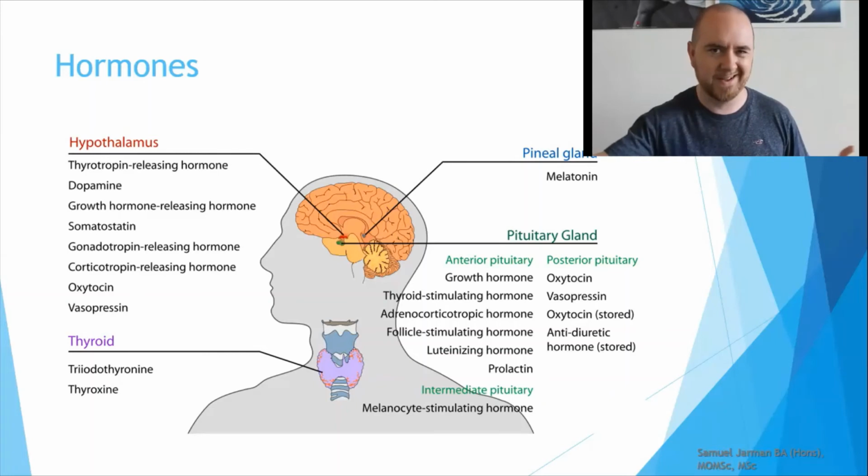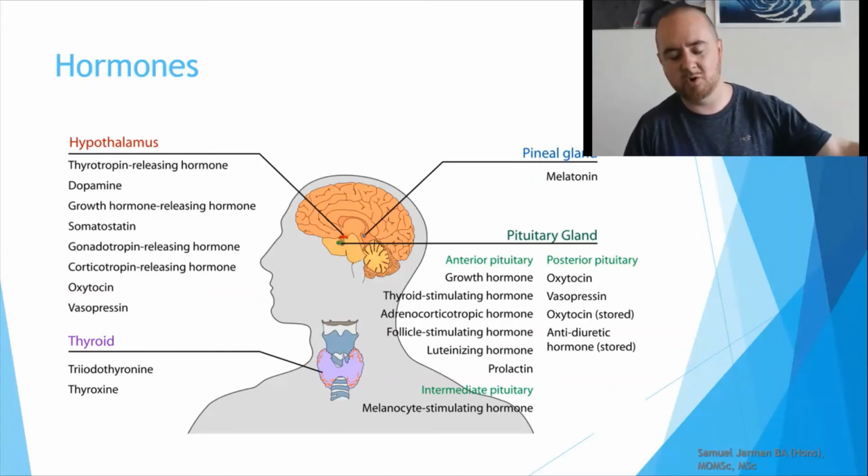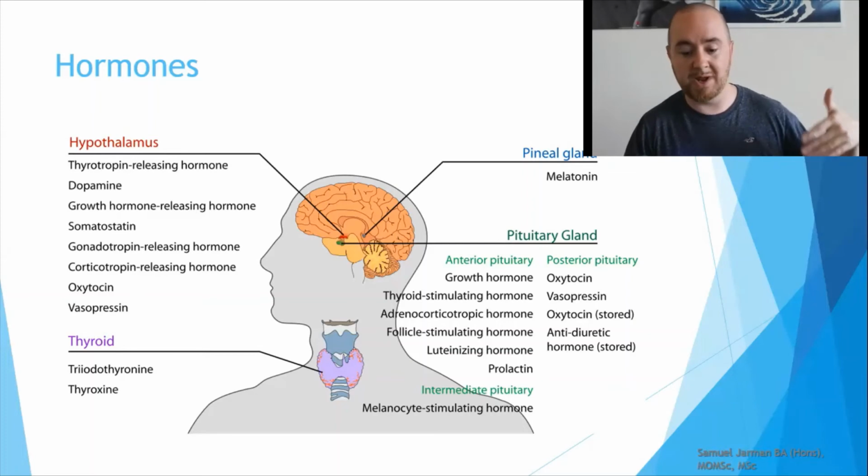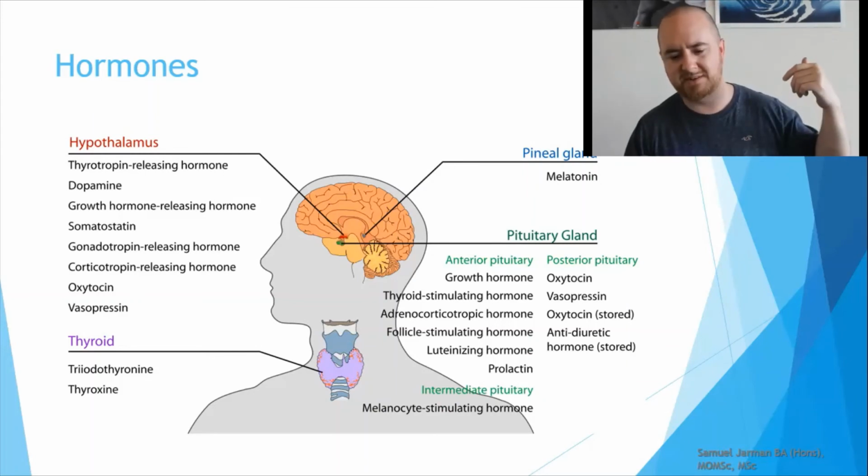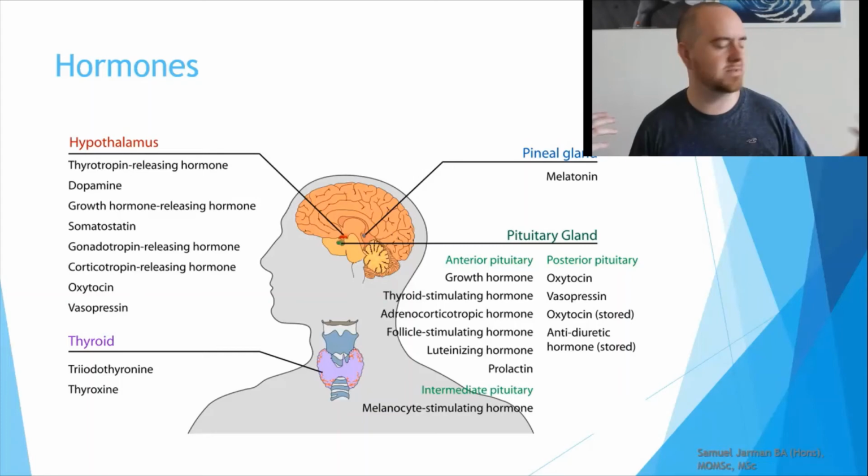So again, there's thyroid releasing hormone, or whatever, I can't remember that one particularly, but adrenocorticotropic hormone, follicle stimulating hormone, or FSH, luteinizing hormone, or LH, prolactin, more active in females, probably some action in males, but very little. The posterior pituitary is essentially oxytocin and vasopressin.